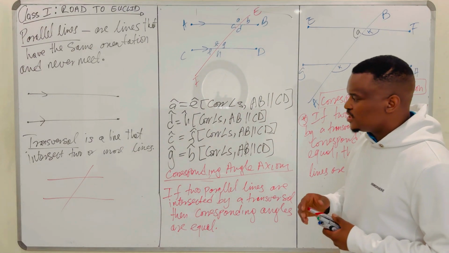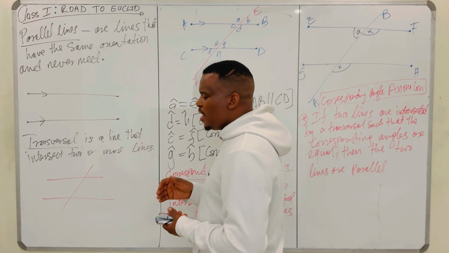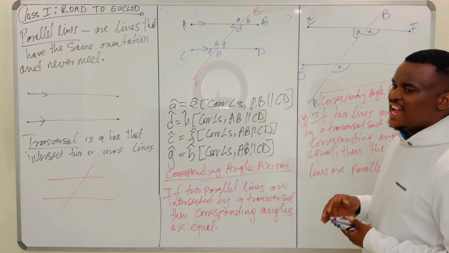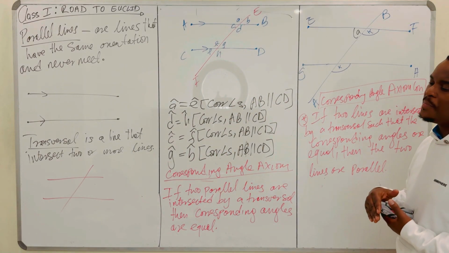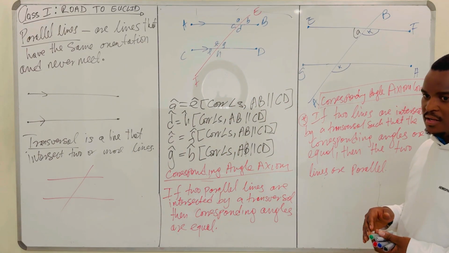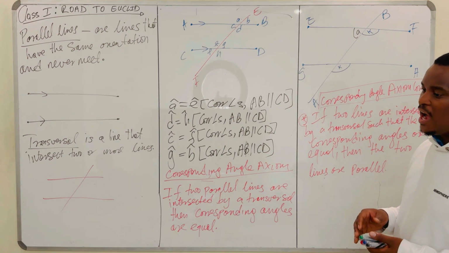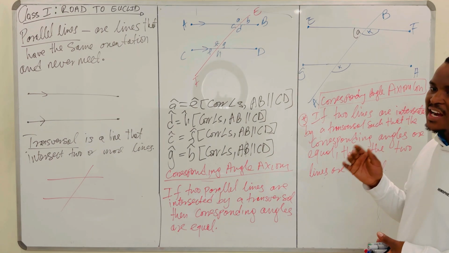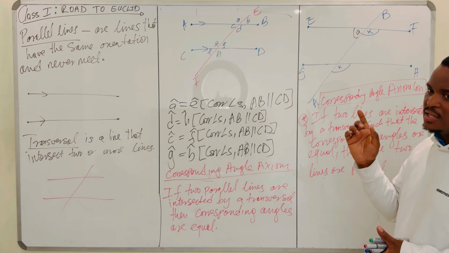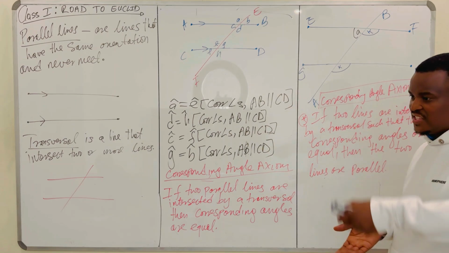All I need you to know is that if you have two parallel lines and those two parallel lines are intersected by a transversal, then the corresponding angles are equal. The corresponding angles are angles that are sitting in similar position in between the transversal and the lines.